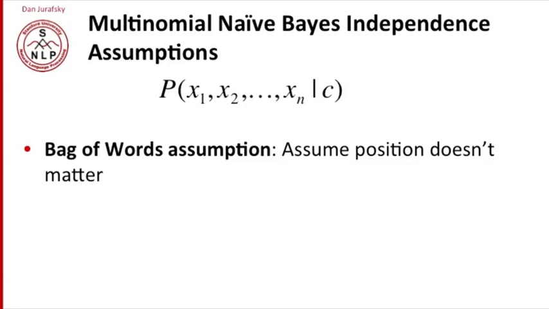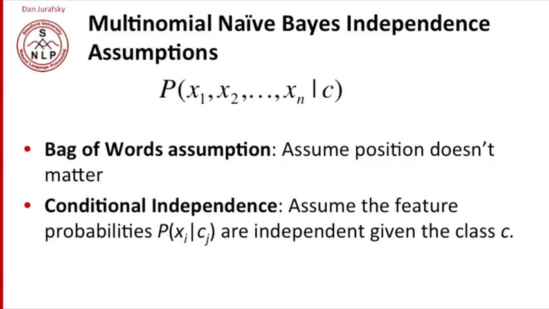And the second assumption we're going to make is that the different features, x1, x2, x3, have probabilities that are independent given the class. So whether one feature occurs given a class and whether another feature occurs given a class are independently going to be true.